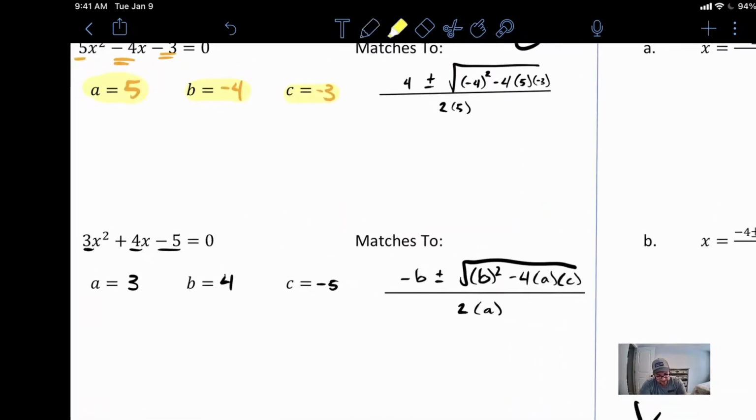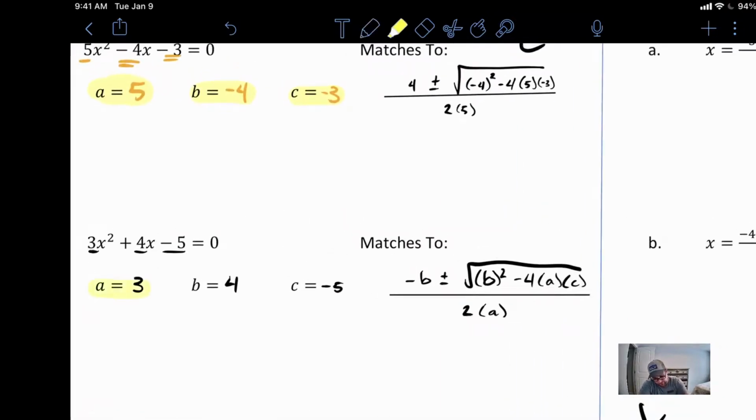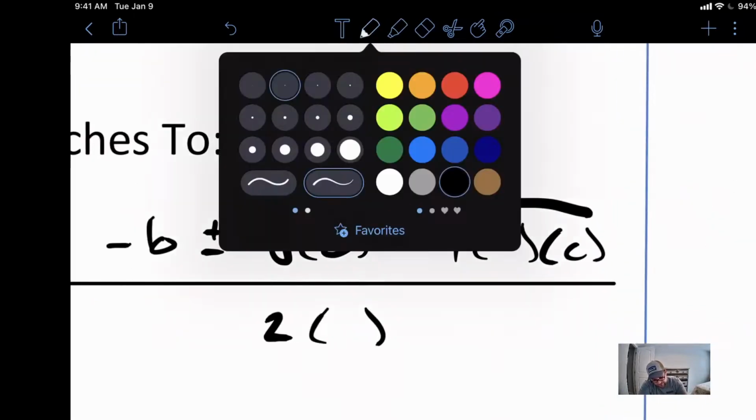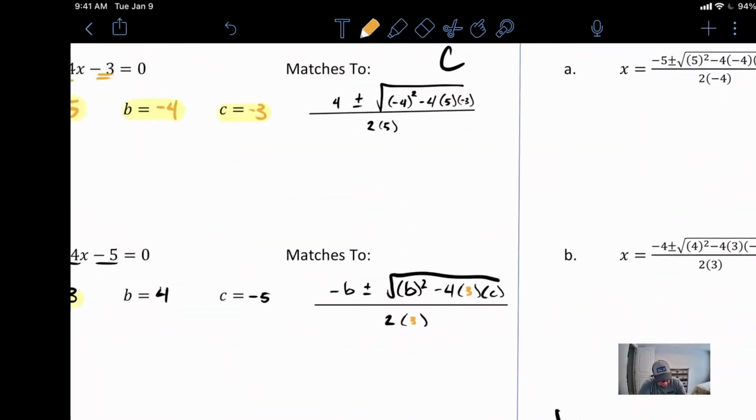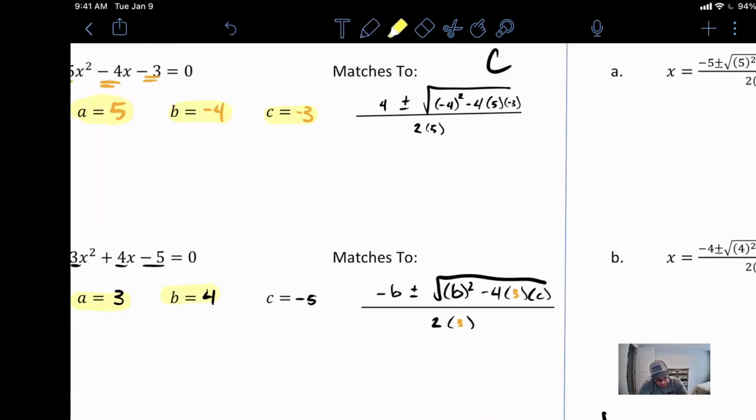So again, let's just plug in. A is equal to 3, so I'm going to put a 3 here and a 3 here. Let's clear out those parentheses. So here is the first 3, and here is the second 3. After that, I know b is equal to 4, so we're going to put a 4 here and a 4 there.